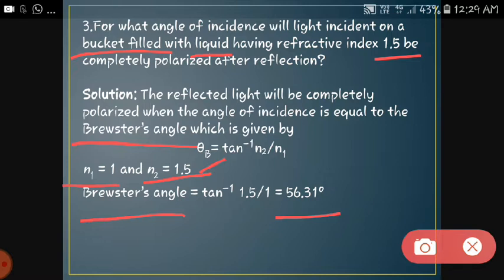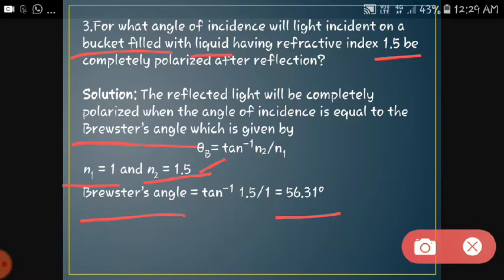By using the table of natural tangents, you can find tan inverse of 1.5. In the natural tangents you find the number 1.5, and at which column and row you get 1.5, that gives the angle in degrees and minutes of that tan. So from that we get 56.31 degree.